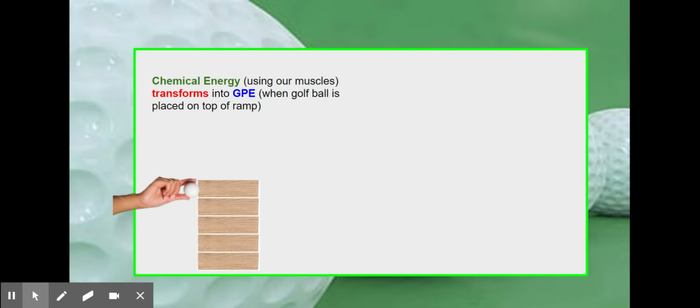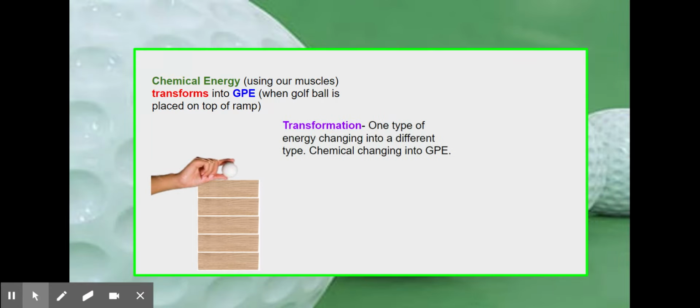As we're raising that golf ball to the top of the ramp, we're using chemical energy that's found in our muscles to transform into gravitational potential energy when we place that golf ball on top of the ramp. And remember, an energy transformation is when one type of energy is changing into a different type. So in this case, the chemical energy was changing into GPE.